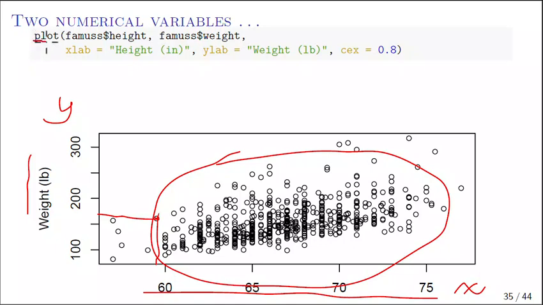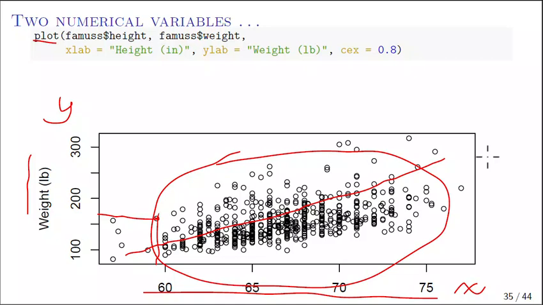Yes, in R, that's how we do it. And then we can eyeball a line. You can see this line is upward sloped, so it's positive.